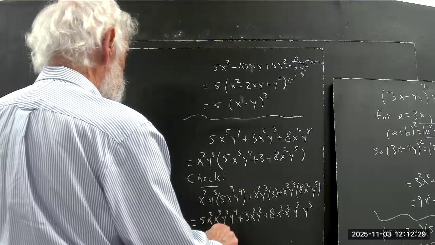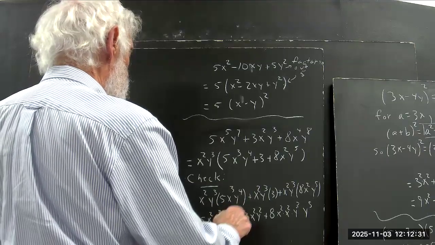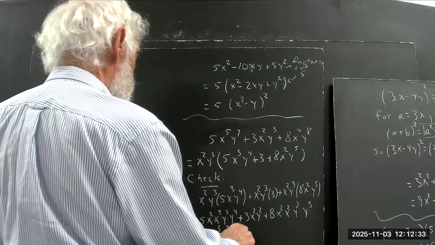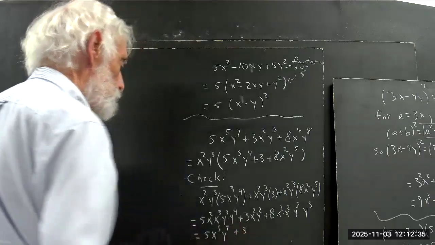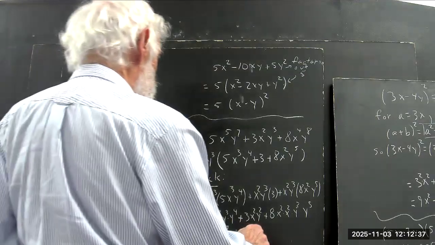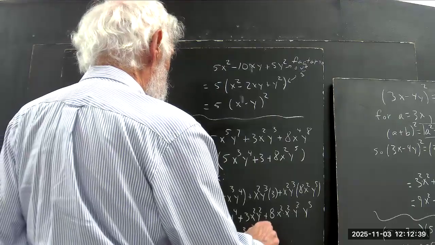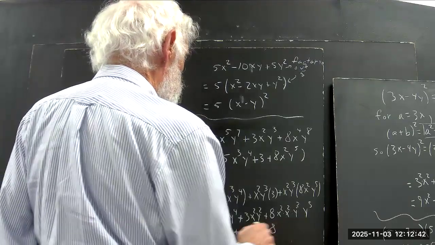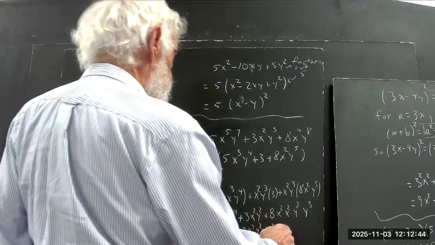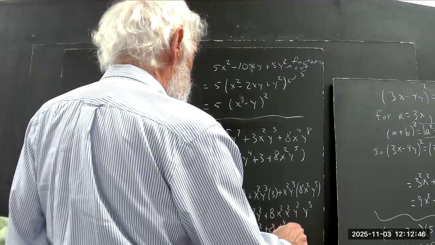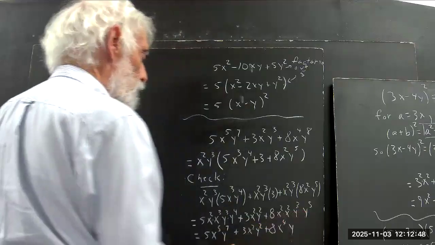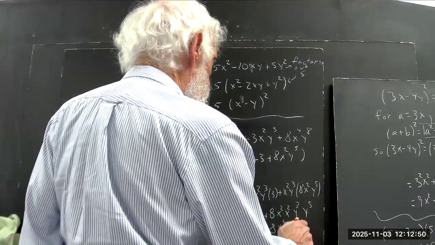Well, x squared times x cubed is x to the 5th. Y cubed times y to the 4th is y to the 7th. And we still have our 3x squared y squared. Then our 8, x squared times x squared is x to the 4th. Y cubed times y to the 5th is y to the 8th.